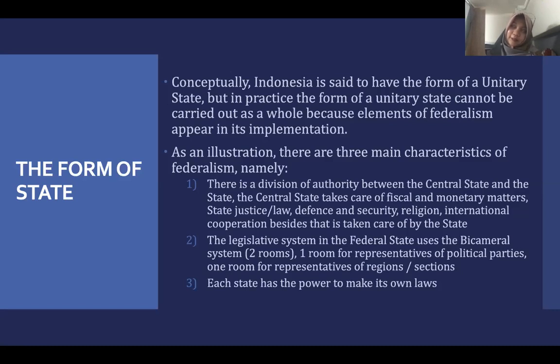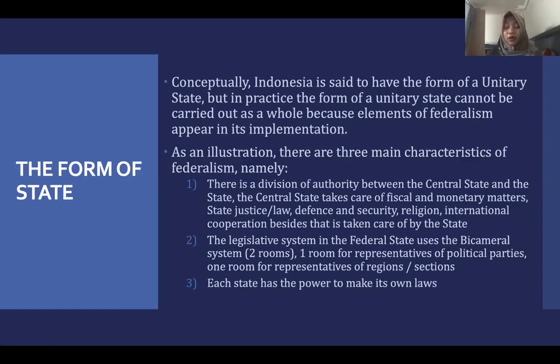But in practice, several elements of federalism appear in the implementation of the unitary state. As an illustration, there are three main characteristics of federalism. The first one, there is a division of authority between the central state and the state. The central state takes care of fiscal and monetary matters.